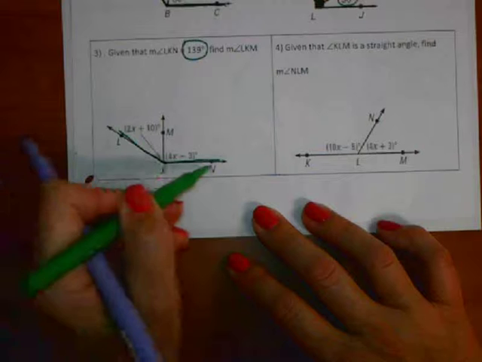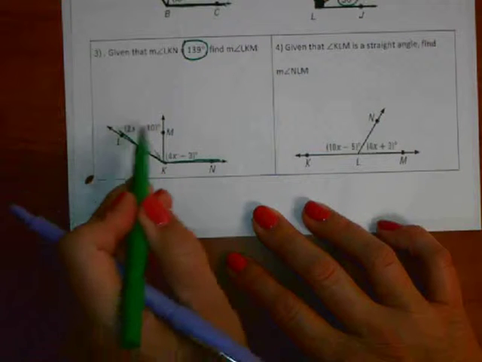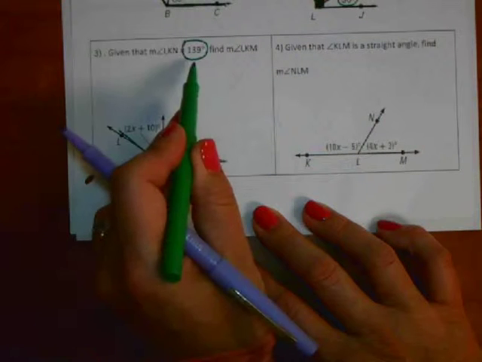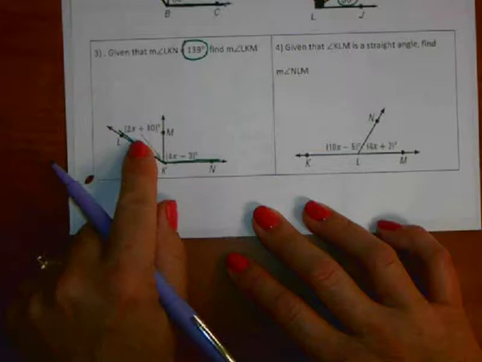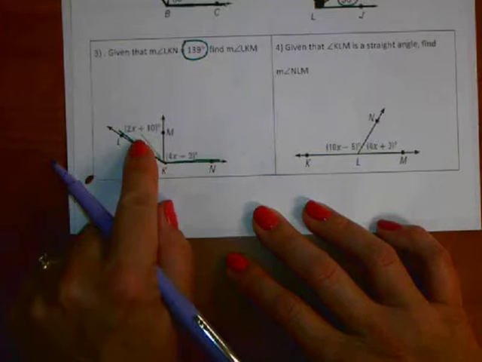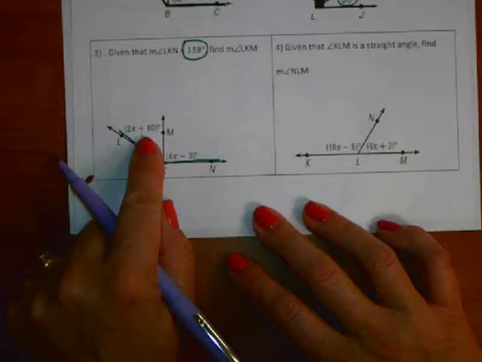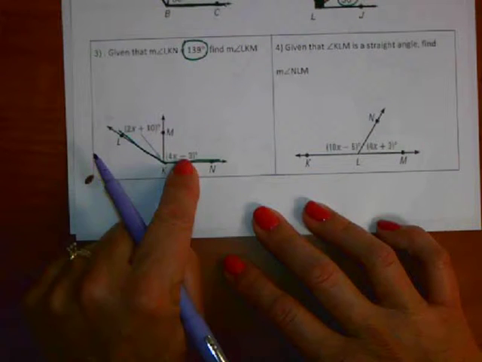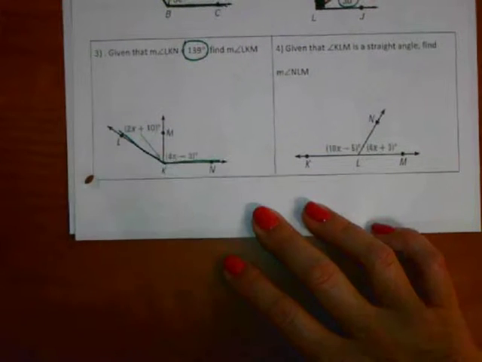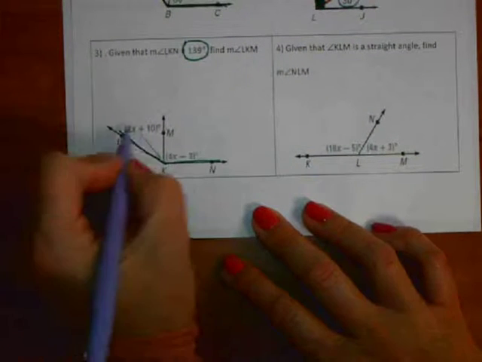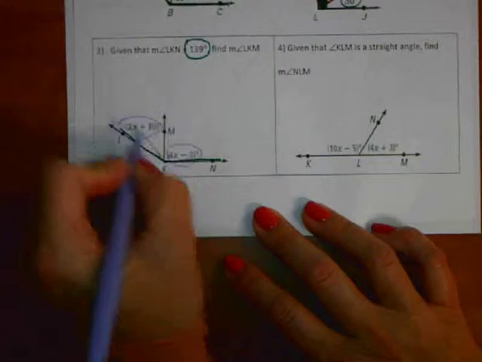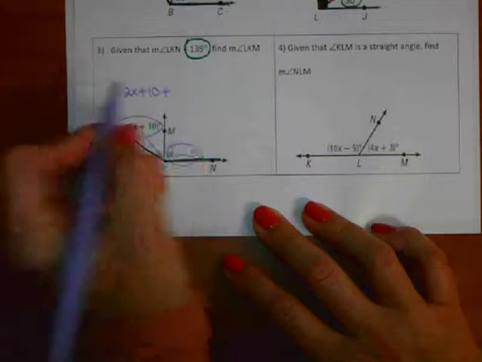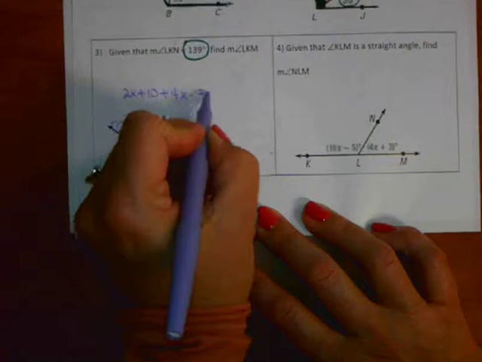That whole thing is 139, which means this angle plus this angle equals 139. They gave me some yucky stuff here, but it doesn't matter. I can just add these two and set them equal to 139, because I'm adding the two angles together to get the total.